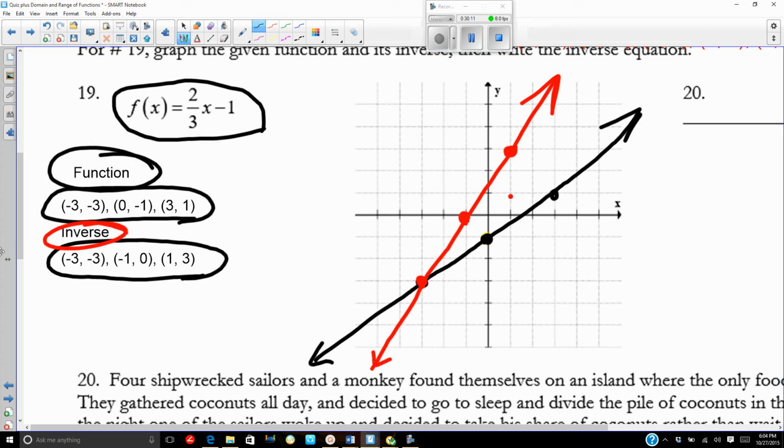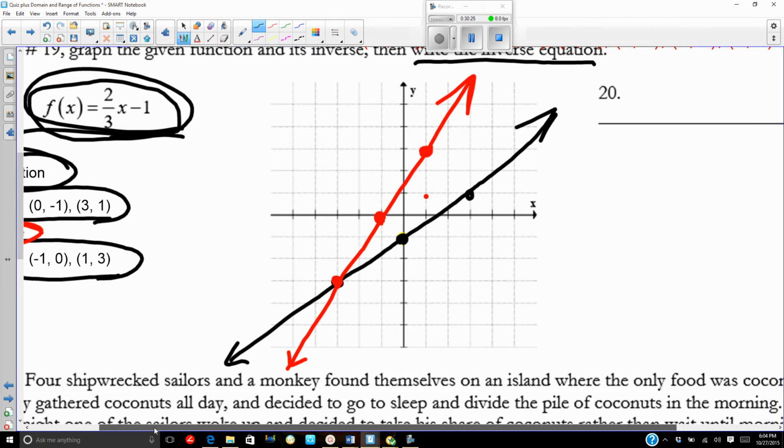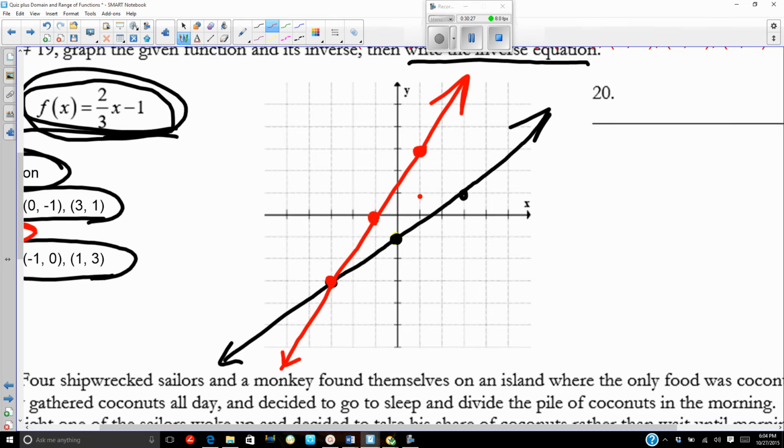The last thing it wants us to do is write the equation of the inverse line. And you could do that just by switching out the x and the y and solving this original function. Or you can do what we've talked about the last unit and write the red equation in slope-intercept form, where slope-intercept form is y equals mx plus b. The slope of this line is up 3 over 2.